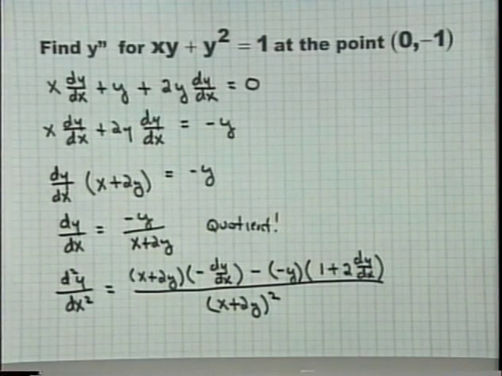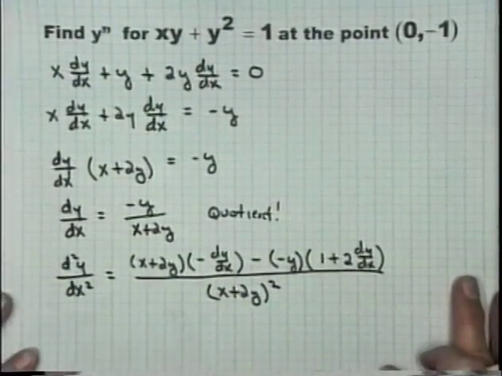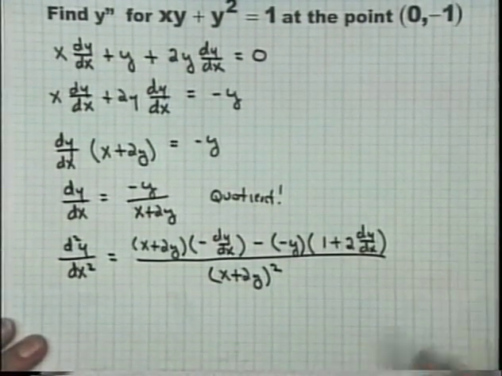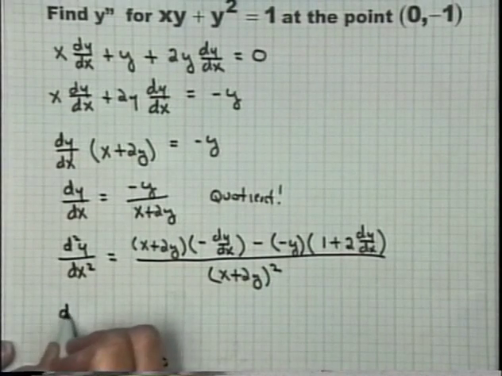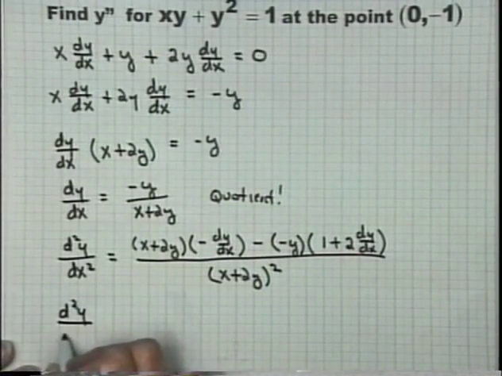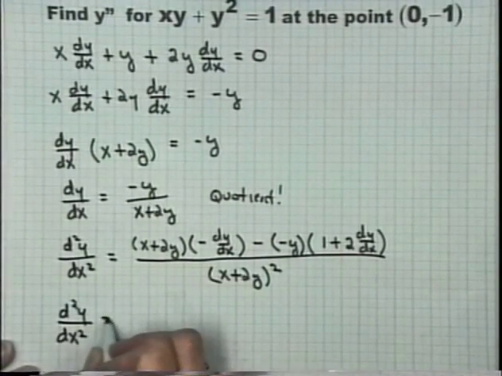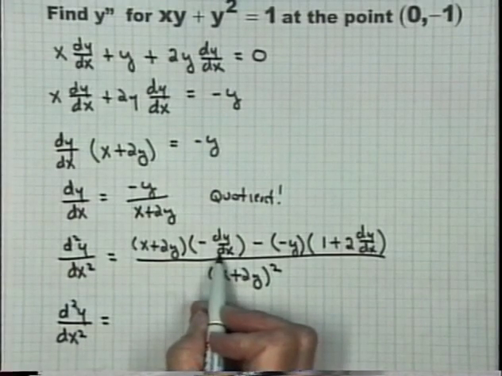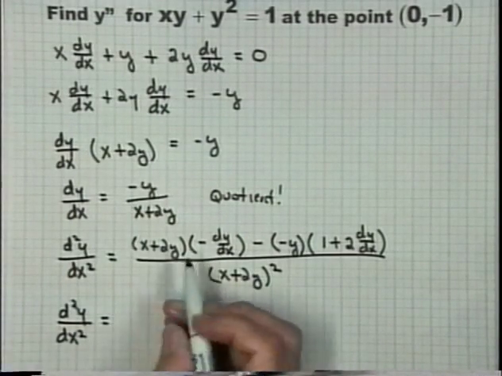Now, as we've always done before, let's do a little bit of cleaning up on this so that we can get it simplified. So, first of all, let me rewrite this second derivative of y with respect to x here. Okay, I'm going to distribute this negative dy/dx across these terms.